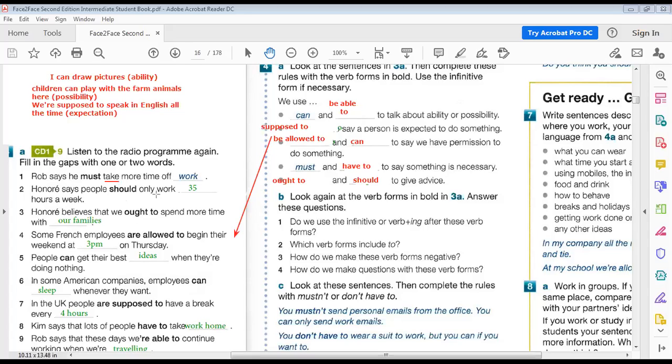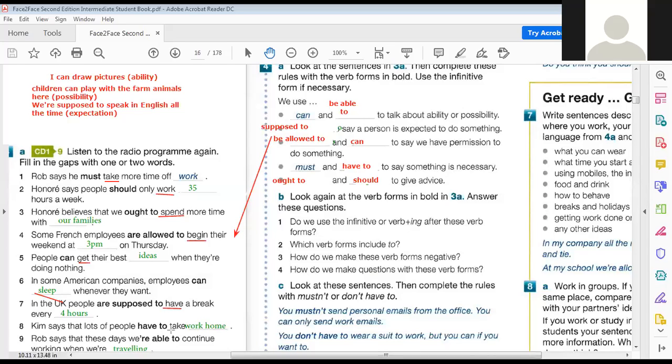Should work, infinitive. Ought to spend, again, infinitive. Allowed to begin, infinitive. Can get, infinitive. Can sleep, infinitive. Right? So in all of them we have infinitive. Have to take, supposed to have, able to continue. So in all the examples we use infinitives.